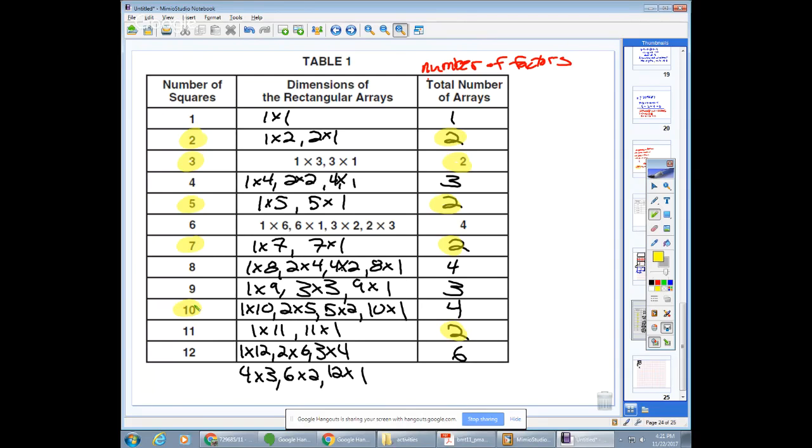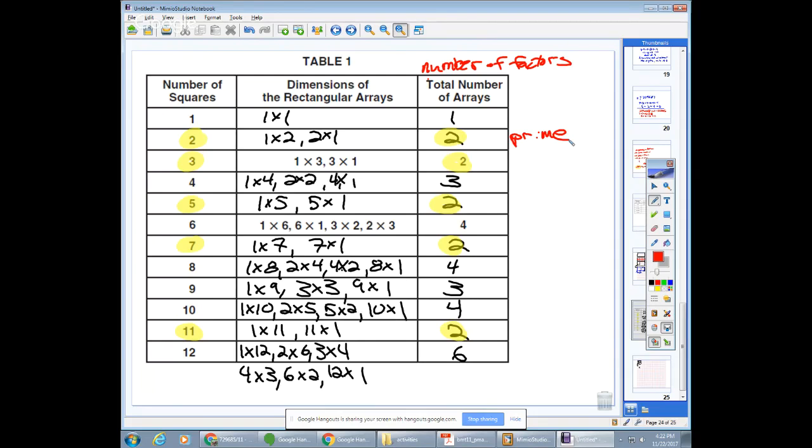So on the left side here, what's special about 2, 3, 5, 7, and 11? Numbers that ended up with exactly 2 different rectangles. Anybody remember? They are prime numbers, yeah. If they have exactly 2 factors, they're called prime numbers.